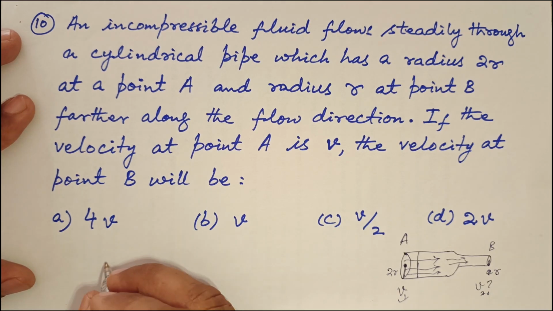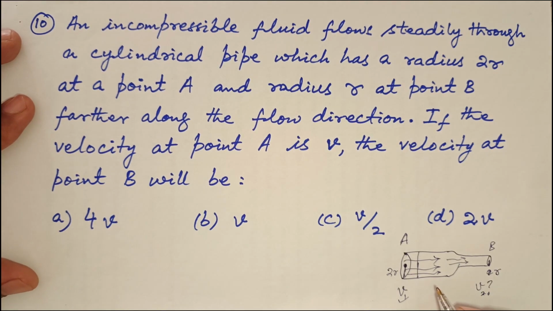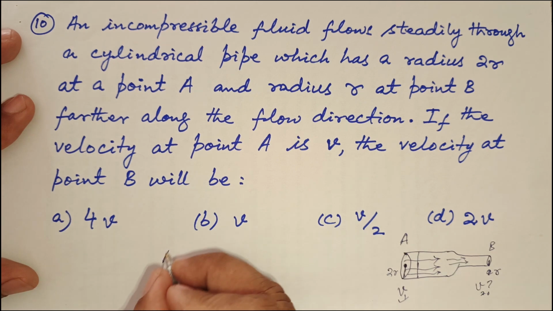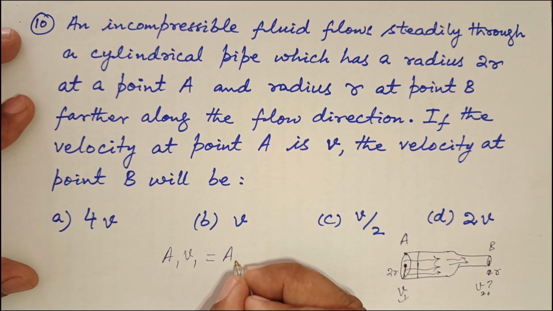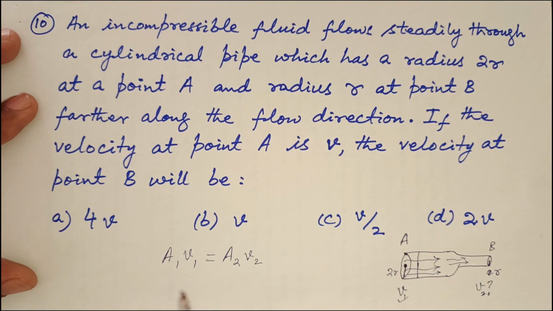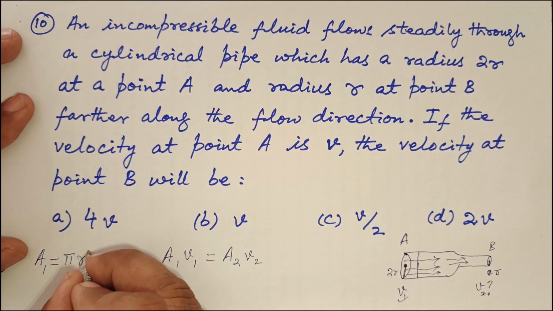According to the continuity equation, we have A1 v1 equals A2 v2. A1 is the area of cross section and v1 is the velocity at point A, and A2 is the area of cross section and v2 is the velocity at point B. What we have to do is find the area of cross section. The formula is pi r squared.